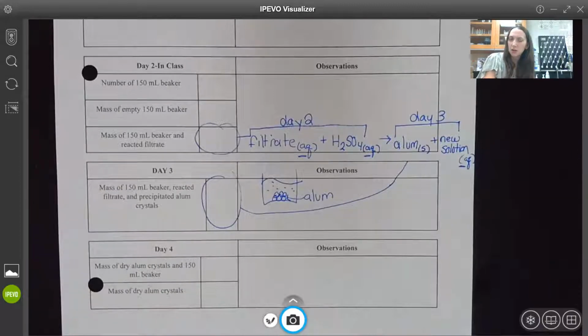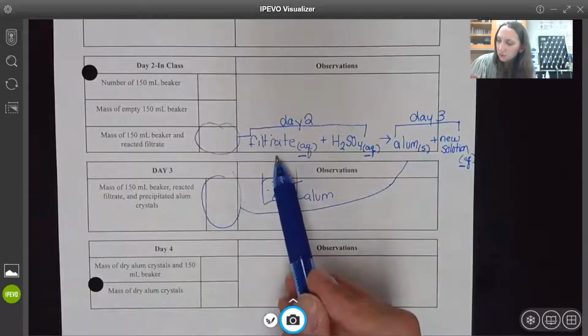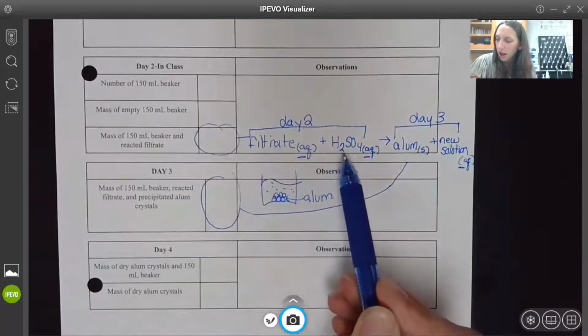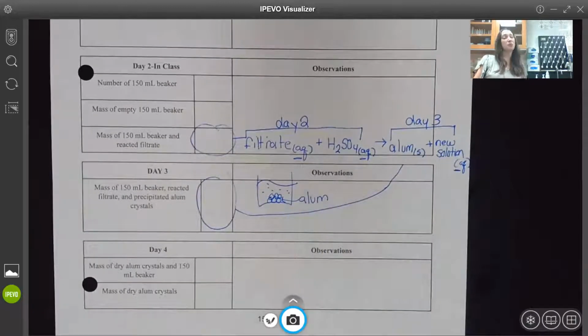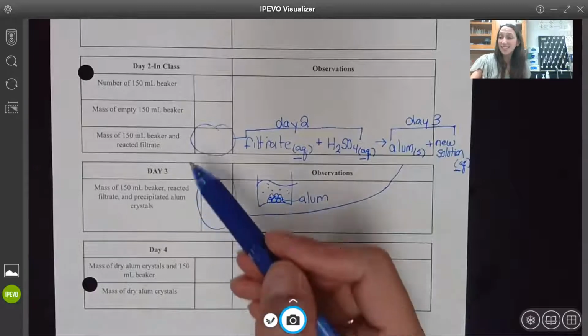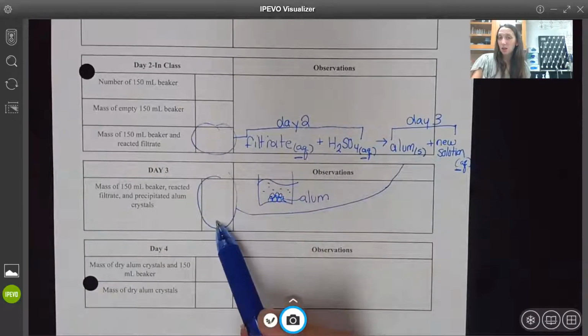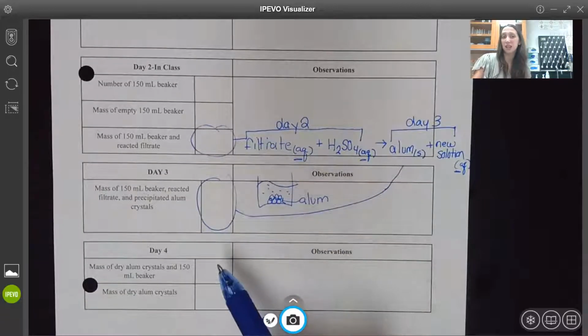AQ stands for aqueous. Those ions in the filtrate, those ions in the new solution are floating around in water. What happens to water overnight? Can the mass decrease overnight by water evaporating if it's an uncovered system? That's what this question's getting at.